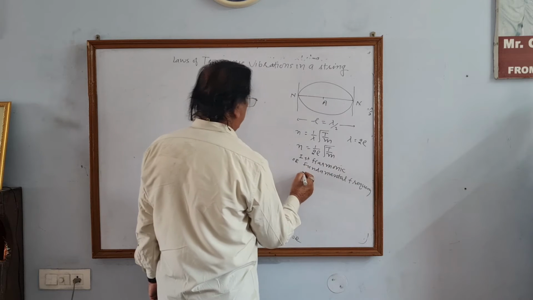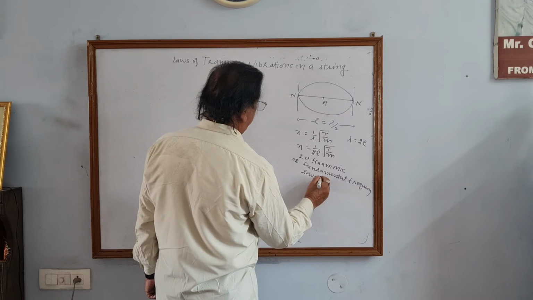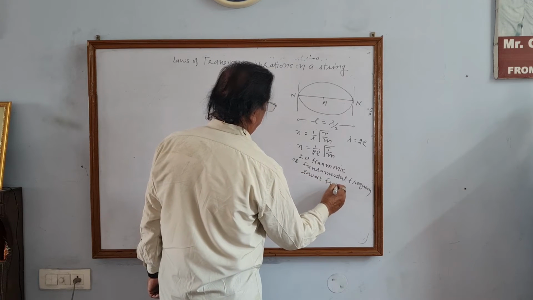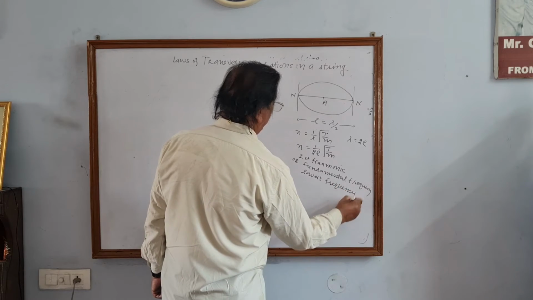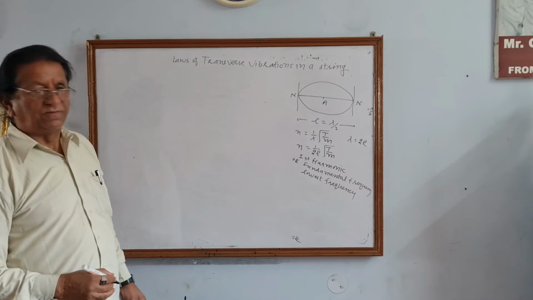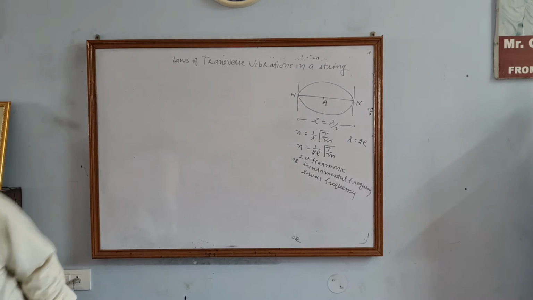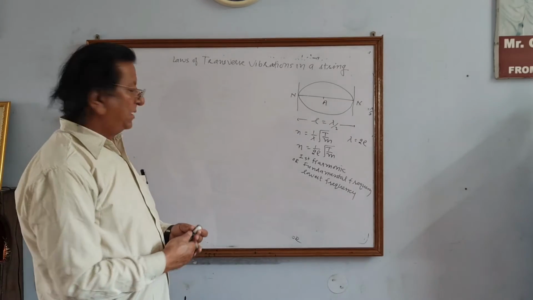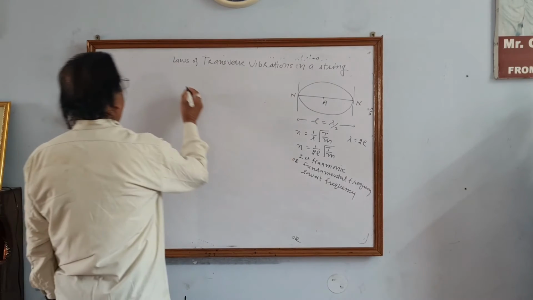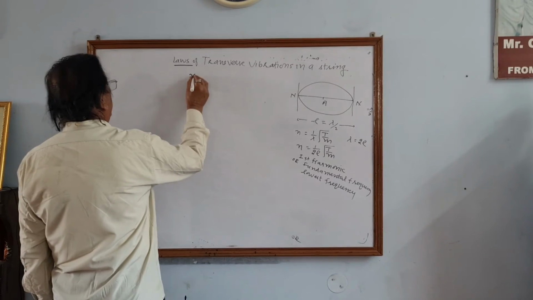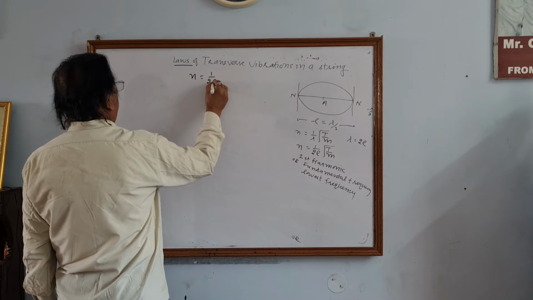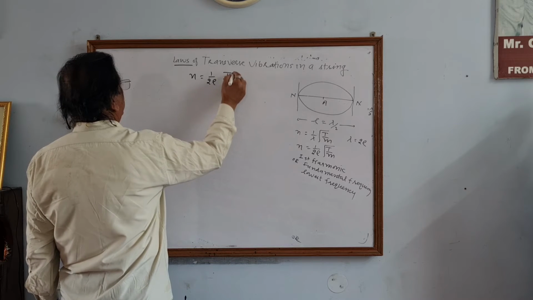Or you can say this is the lowest frequency with which string can be made to vibrate. Okay, so this fundamental frequency is 1 over 2L root of T by m.